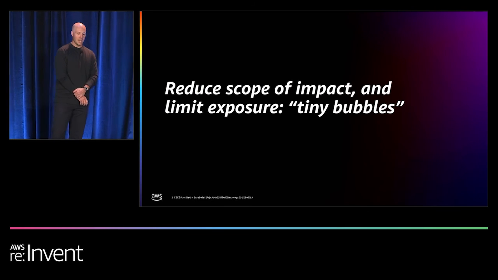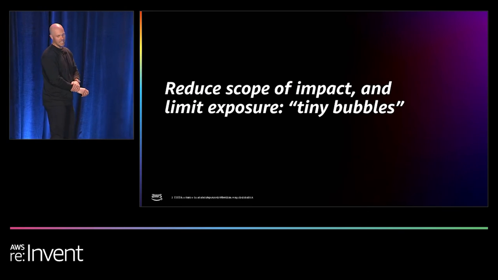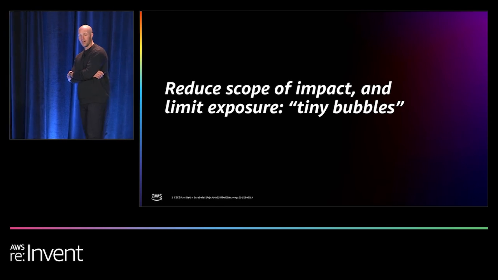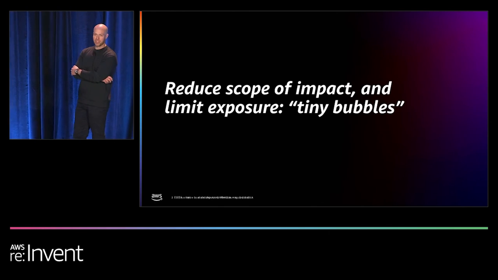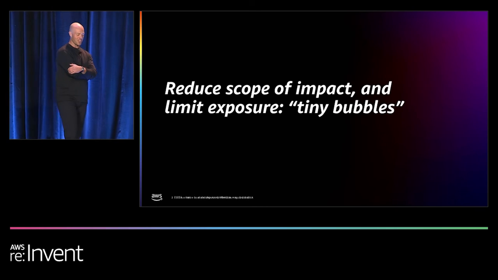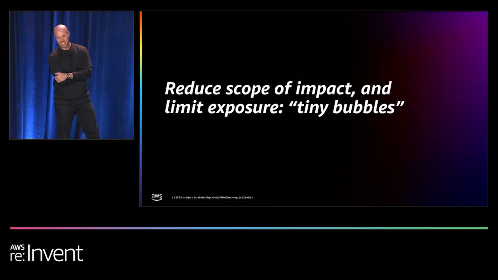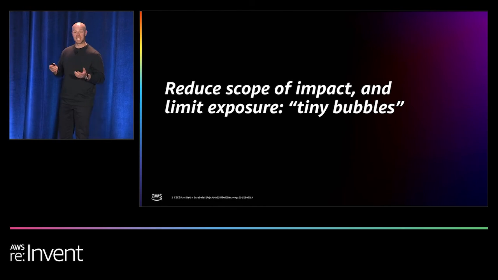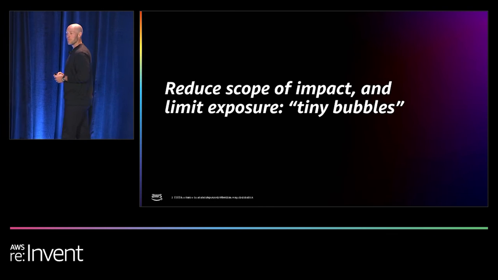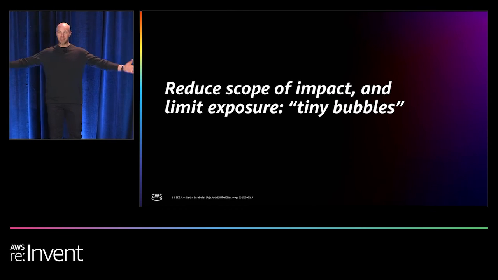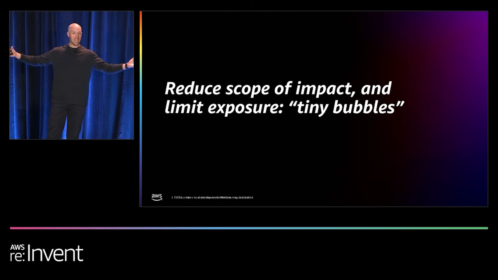All right, another use case that I'd like to talk about and highlight, and this will be the last one that I'll talk about for right now, is something we call tiny bubbles. And I've seen a bunch of people that I've seen before in random calls, and you're probably familiar with me saying tiny bubbles. Customers like the idea of VPCs and accounts because it gives you easier policy. When you have something that's really big, your scope of impact is really big, right?